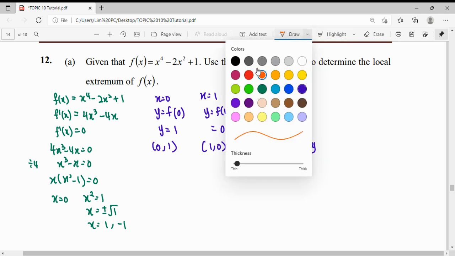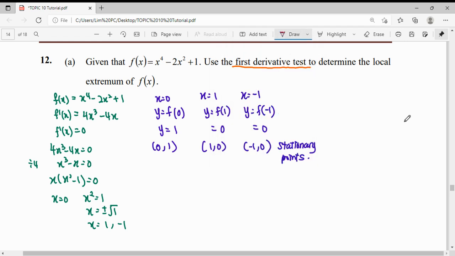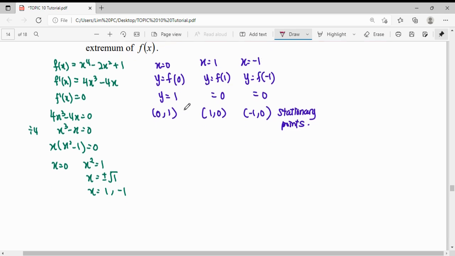We'll use a table to find out whether each point is a local maximum or minimum, so we have to verify it. As we can see, our x values are 0, 1, and negative 1. So we have 3 critical values, and therefore we will have 4 intervals.